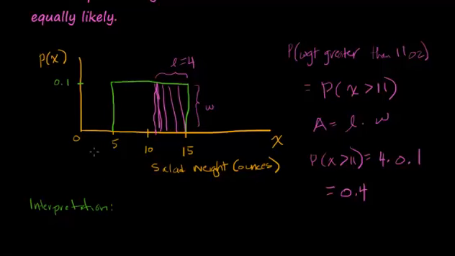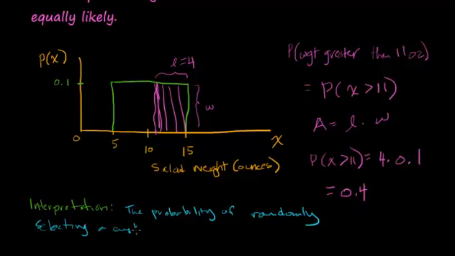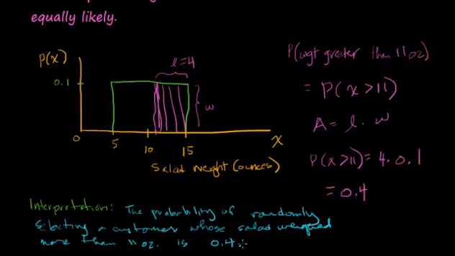And so we would say something like the probability of randomly selecting a customer whose salad weighed more than 11 ounces is 0.4. Okay, that's an interpretation of our result in a nice sentence.